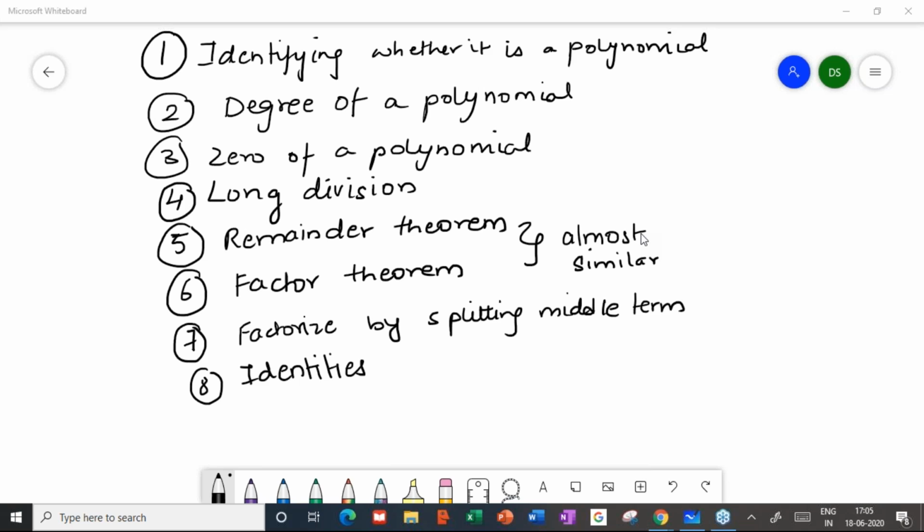I'm expecting you all to solve. These are the different categories of questions which will come, and I have told you the simple shortcut ways of solving them. So I hope you keep this in mind and solve.